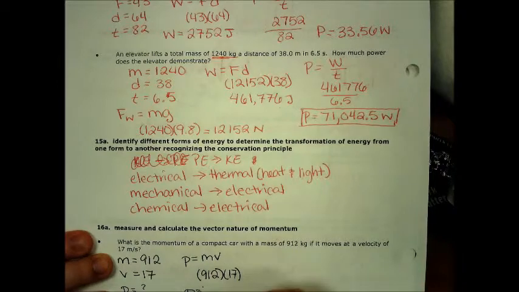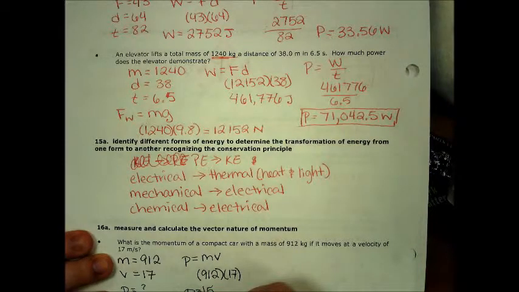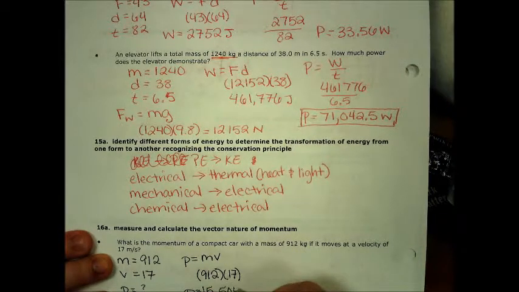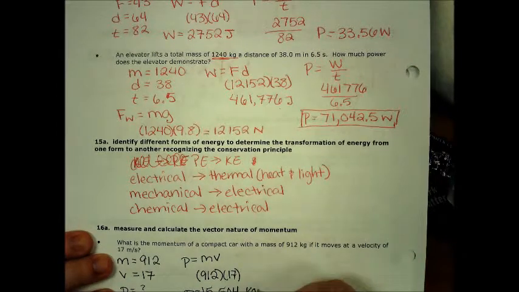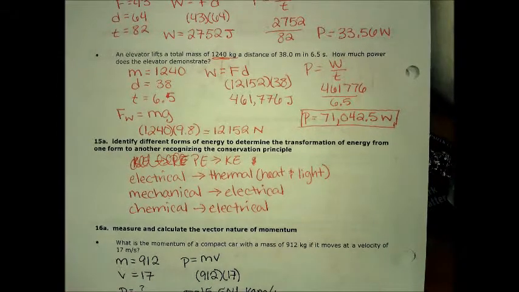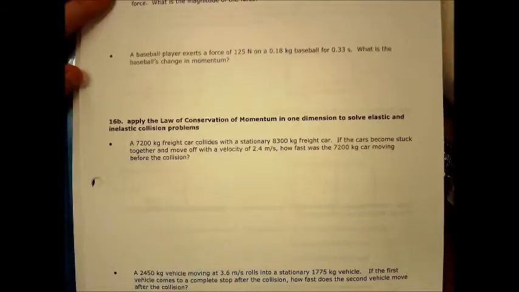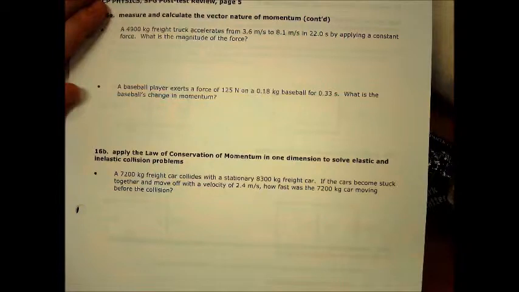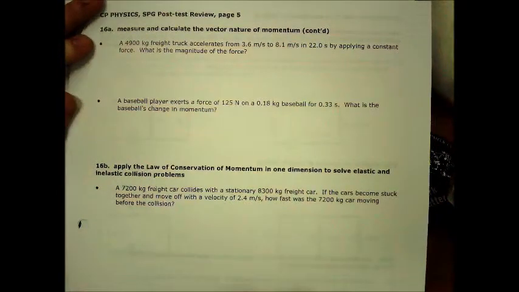And we're going to get that the momentum is 15,504. Momentum does not have its own units, it just takes the units of these, so it's kilogram meters per second. Yay!